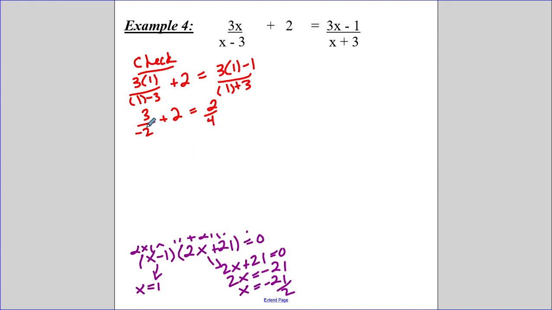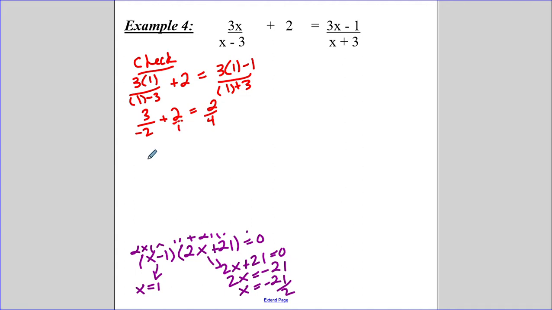So negative 3 over 2 and plus 2 more. If I wanted to make an equivalent fraction here, this 2 is really over 1, which means I can call this 4 over 2.